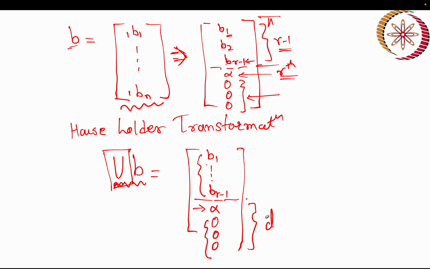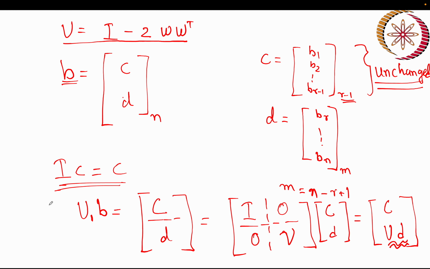And this is not CD, because we have now redefined the D as this one. So the B matrix we are representing in two parts, C and D. The C part will be b1 to b r minus 1, which will be unchanged, and this part will be changed.